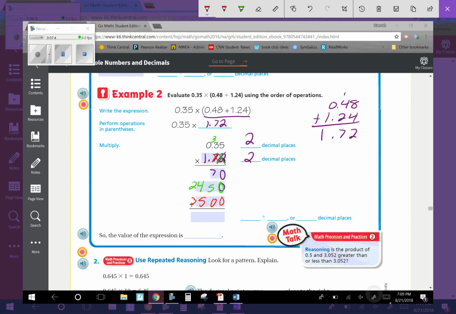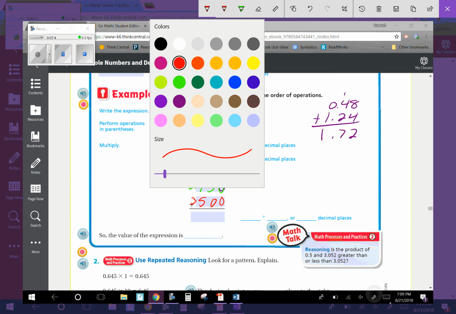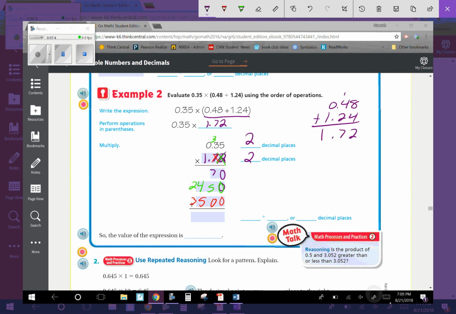Now we're going to add everything up. 0 plus 0 plus 0 is 0. 7 plus 5 plus 0 is 12. 4 plus 5 is 9. Plus 1 is 10. And 2 plus 3 plus the 1 from my 10 over here to regroup is going to give me 6.